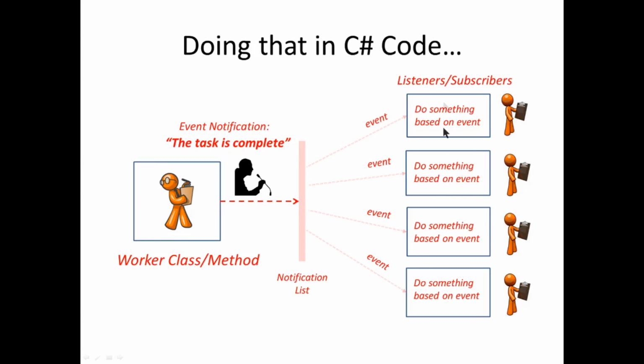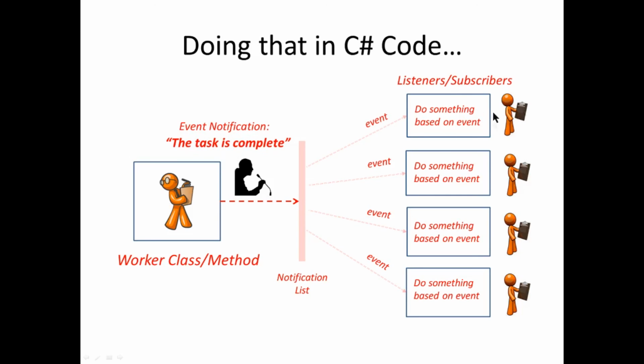Well, I've got a diagram here, basic block diagram, that shows a basic concept on how you might do that. And you've got the guy who's making the copies, I'll call him the worker class or method in C# terminology, basically a method or a class that does something. And when he is done with that, he will make a broadcast notification, an event notification that the task is complete.